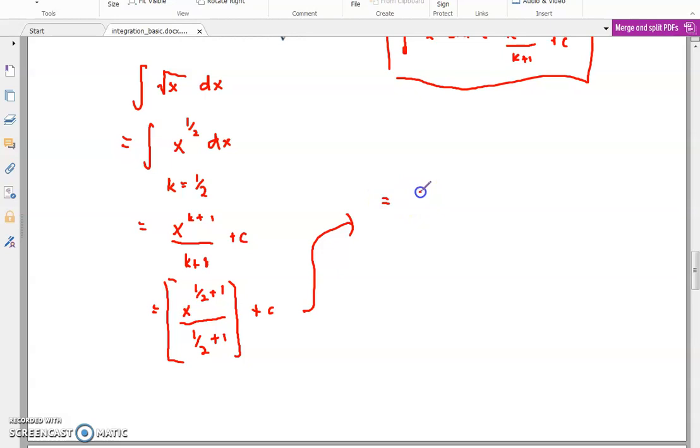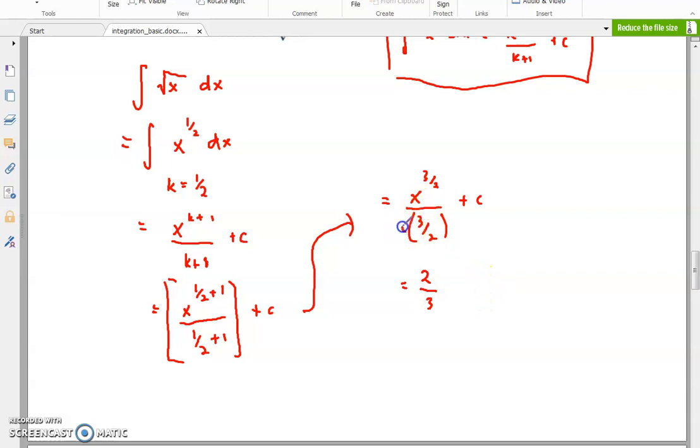So it will be x. If you press your calculator or try to calculate it manually, you are going to get here x^(3/2) over 3/2 plus c. Since we have 3 layers of our fraction, and usually we only have 2 layers of it, we are going to bring the 3/2 into the upper part, so it will become 2/3.